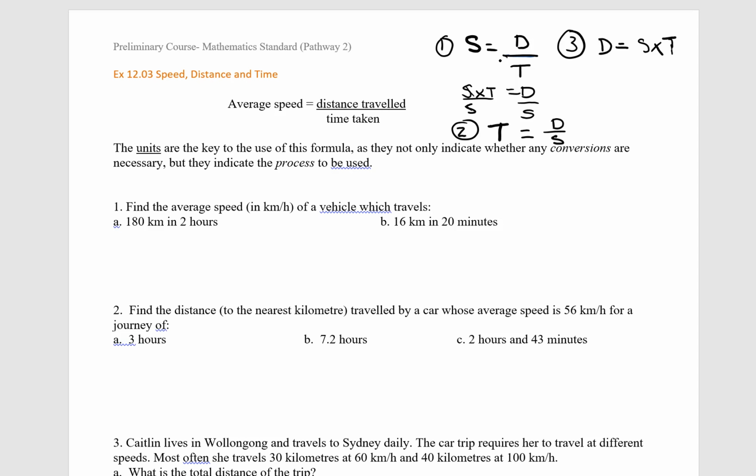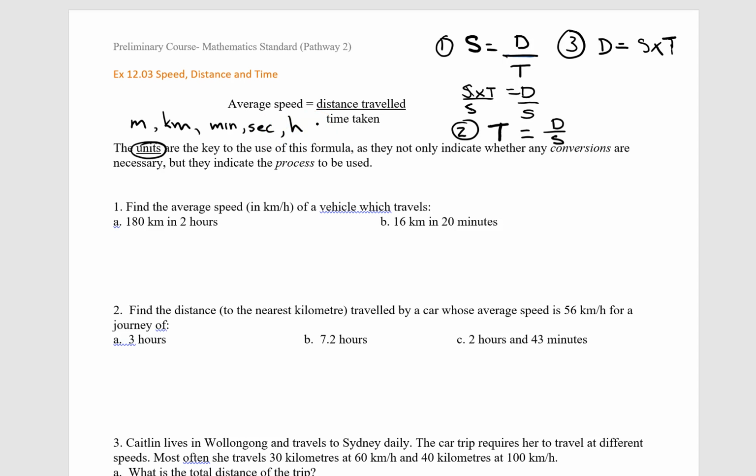I'd encourage you to look closely at the units. Distance could be measured in metres or kilometres. Time could be measured in minutes, seconds and hours.